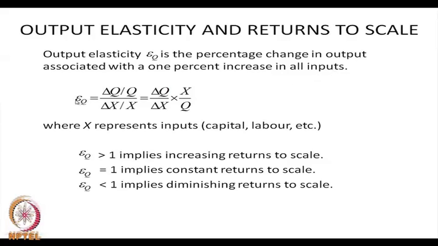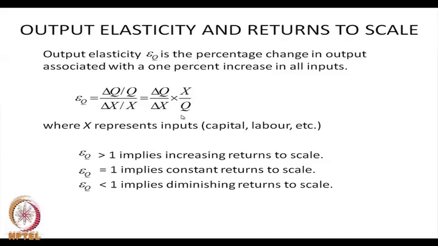We define this as epsilon q equal to del q by q, percentage change in output, divided by del x by x, where x represents all inputs put together or added together. So, epsilon q is equal to del q by del x multiplied by x by q.